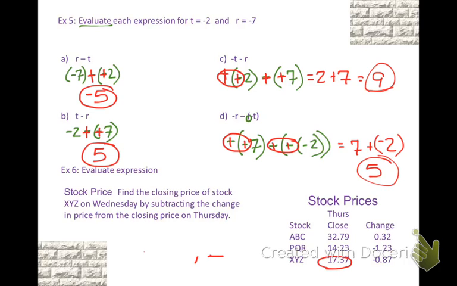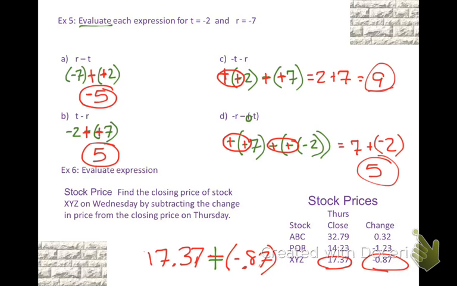It is 17.37. And we're subtracting the change, which is -0.87. So now we have to turn it into an addition problem. I'm going to make it an addition problem.